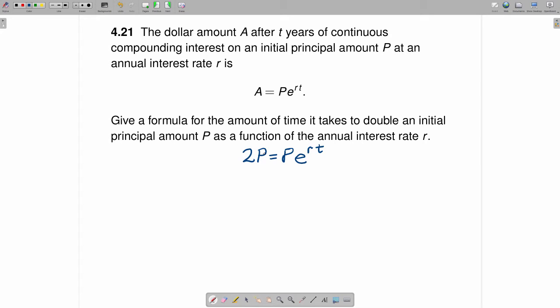And the goal here now is to solve for the amount of time, which is what we want here. We want to solve this for T in terms of R.